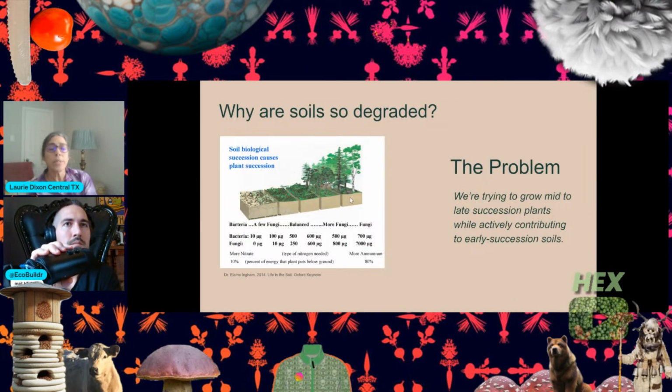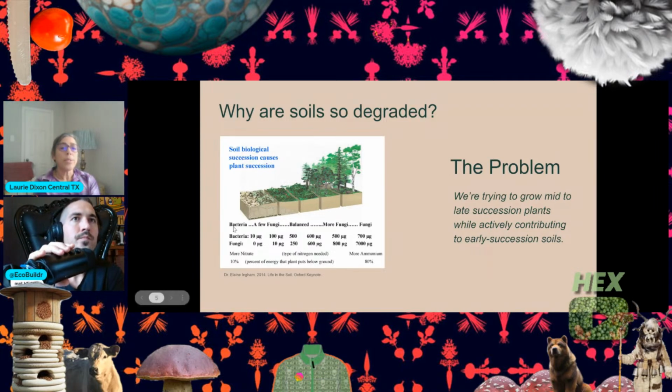So again, this is talking about the degradation of our soils. An important concept here is succession. Succession means that lower complexity plants grow initially, and then it goes up in succession to a rainforest. Lower succession plants want what is called a bacterial dominant soil.